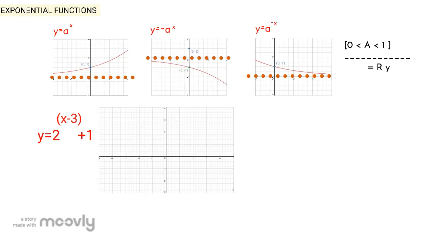Okay, so an example of graphing. The first step is to identify the reference point. The second step is to identify the horizontal asymptote, which is 1, the constant number on the left, and you graph it.